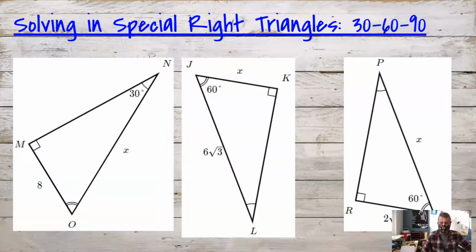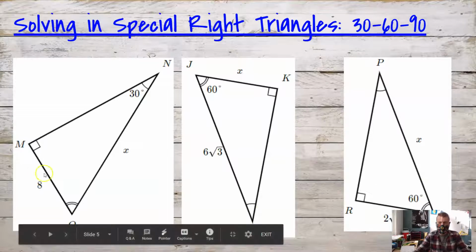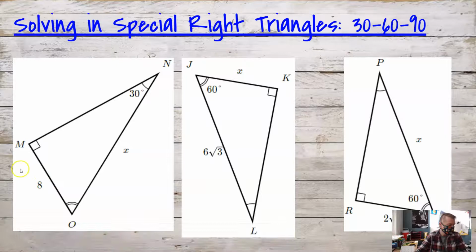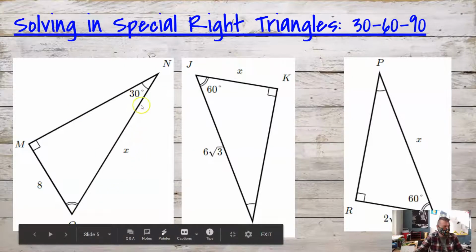So to go from our short leg up to our long leg, we multiply by... Look, check your cheat sheet. The long leg is the radical 3, right? Because it is the smaller value. So MN would be radical 3 times 8, whereas NO would be 16.